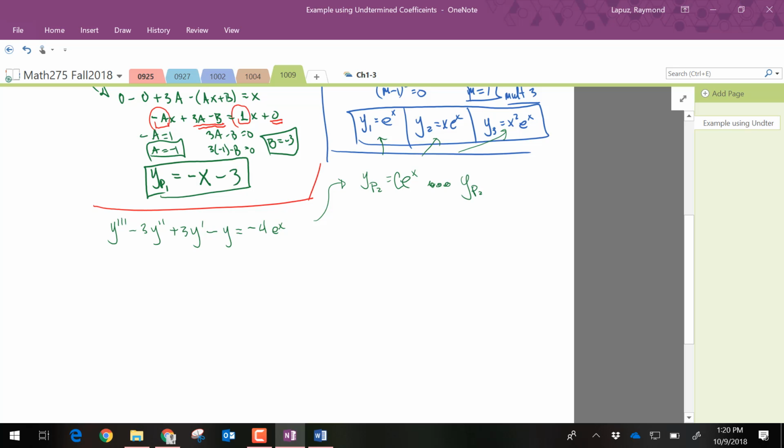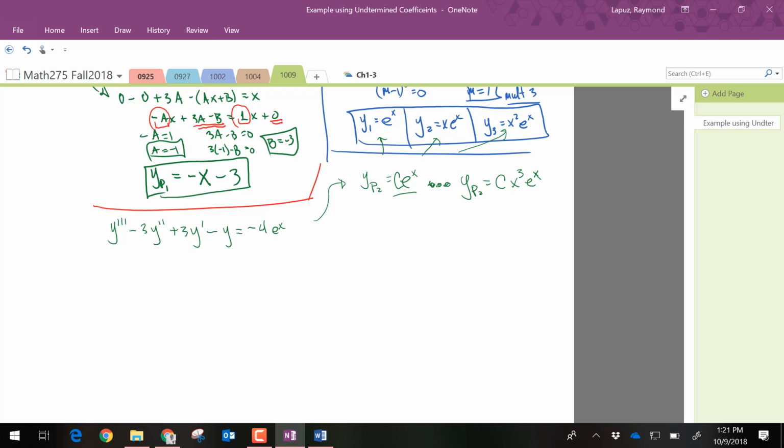Y sub p2 should actually be equal to c times x cubed e to the x, because anything that's a linear combination of these will go to 0. If we put any of these things into the differential equation, it'll be 0 on the left-hand side and negative 4 e to the x on the right-hand side, which isn't going to work.